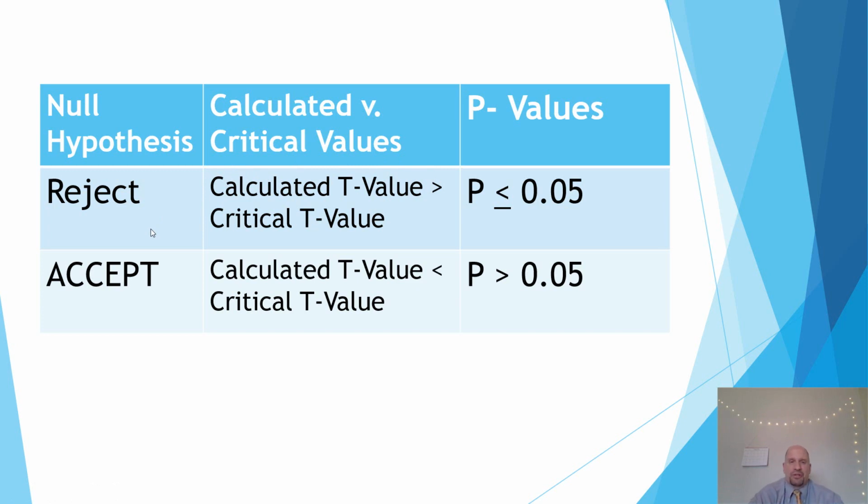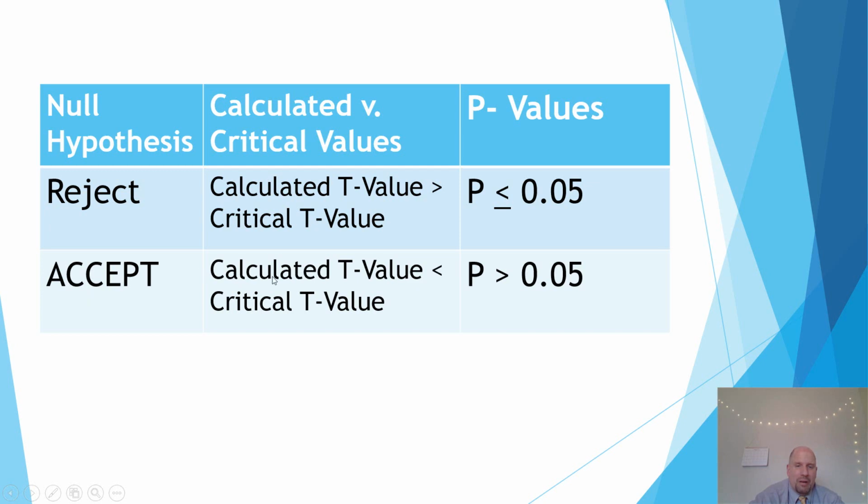All of that is reversed when you get down to the accept row. So for a null hypothesis, we will accept it if the calculated t-value is less than the critical t-value. You can see me bouncing around with my cursor. Hopefully that is showing up pretty clearly for you. The calculated t-value is less than the critical value.